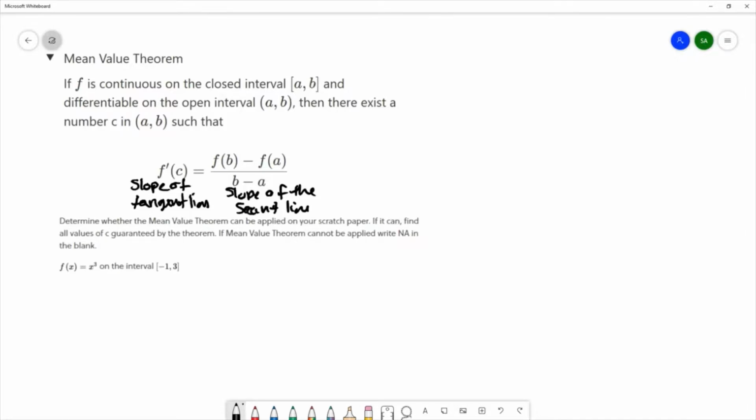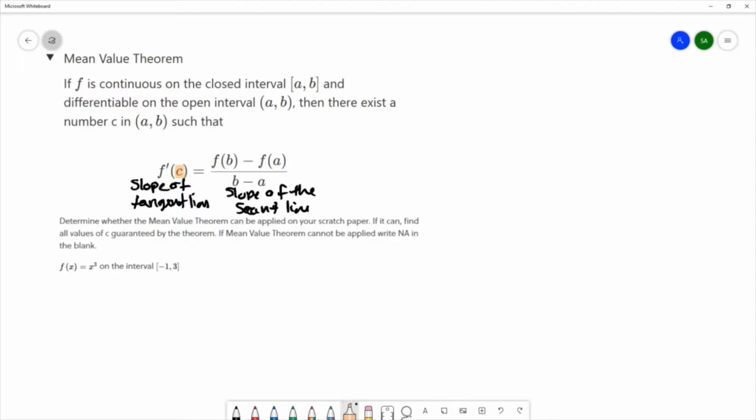So this statement being true says that the slope of the tangent line is equal to the slope of the secant line for some value of c that is in the interval.